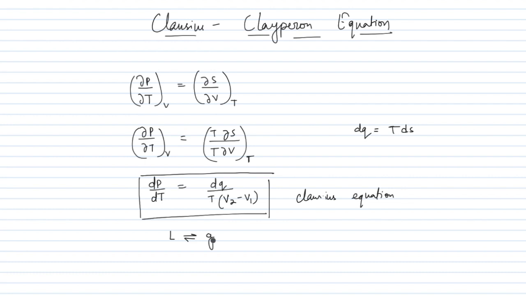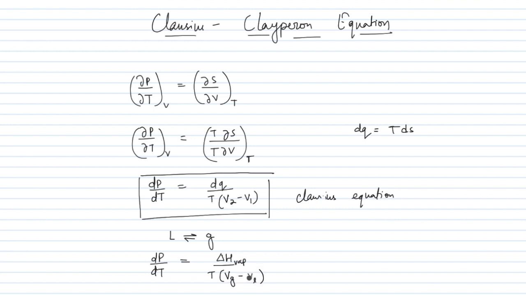Now here, the only difference in this formula is that in the place of dq, we replace it by dH, that is the enthalpy. So the equation will be dP by dT equal to delta H, and since the change in enthalpy here will be the enthalpy of vaporization, I can write delta H vaporization divided by T, and the volume change, which is Vg minus Vl.